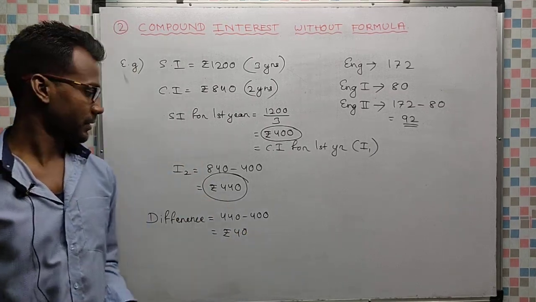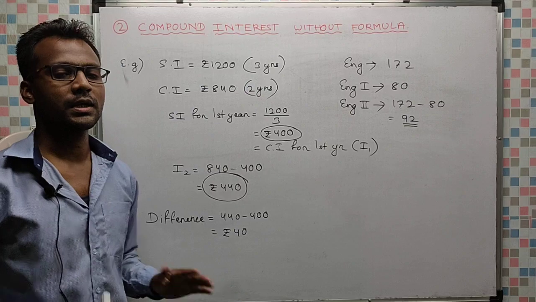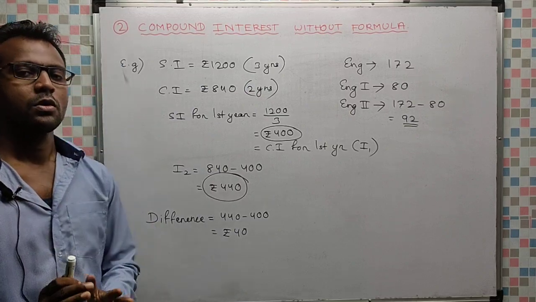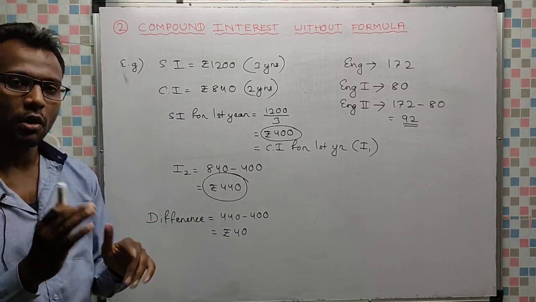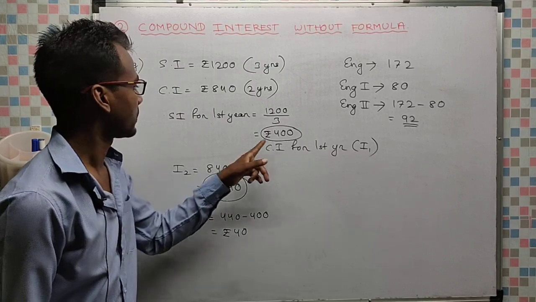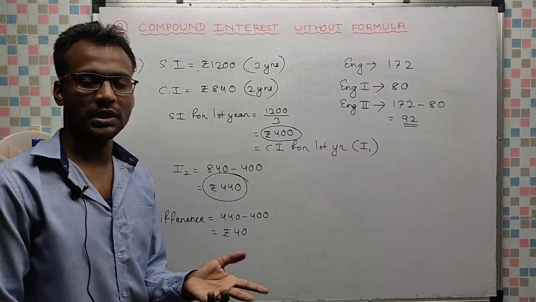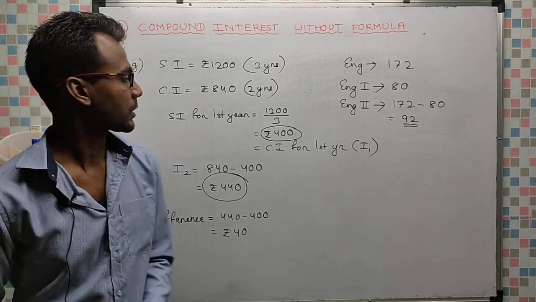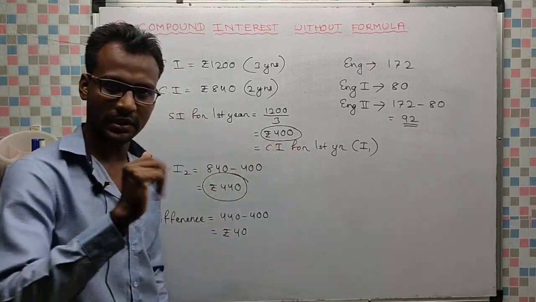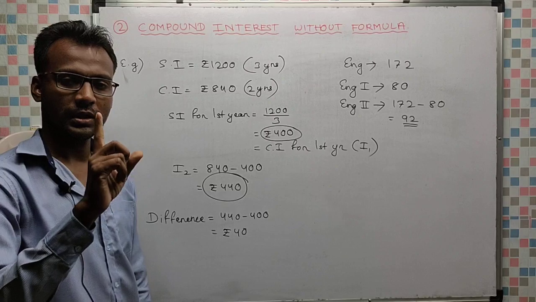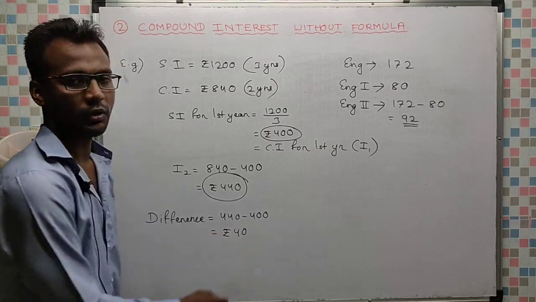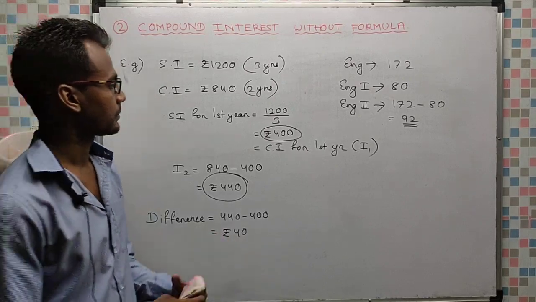Now by concept, this difference 40 rupees is nothing but the interest on the compound interest of the preceding year. Preceding year means this one, 400. At a certain rate of interest for 1 year. Okay, so we can assume that this 400 is the principal. The rate we don't know. Time is 1 year. Interest is 40 rupees.